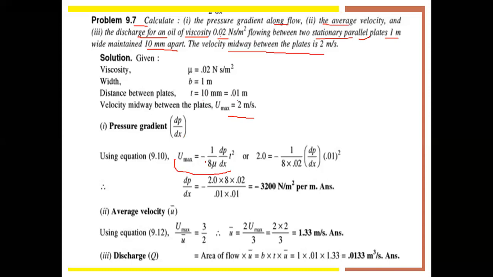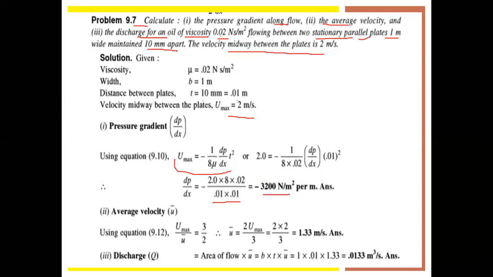Therefore, U max = −(1/8μ)(dP/dx) t². Substituting U max = 2, that is 2 = (1/(8 × 0.02)) dP/dx t², with t = 0.1. Therefore, the pressure gradient dP/dx = 2 × 8 × 0.02 / (0.01 × 0.1).